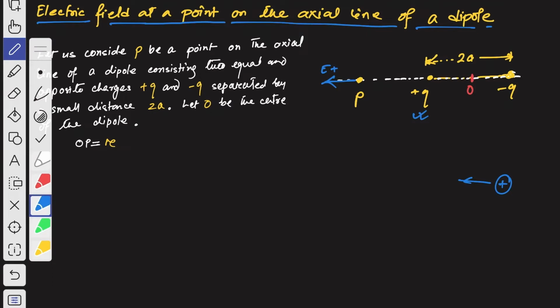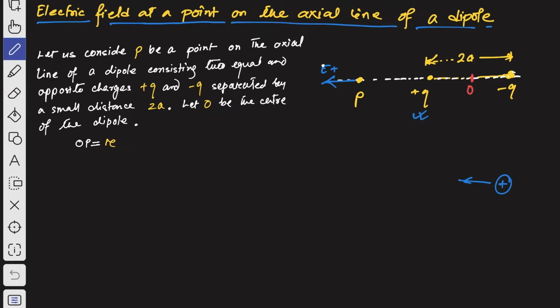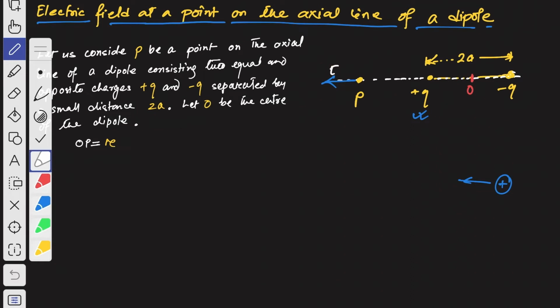Let me represent the electric field at P due to this positive q charge by E plus.